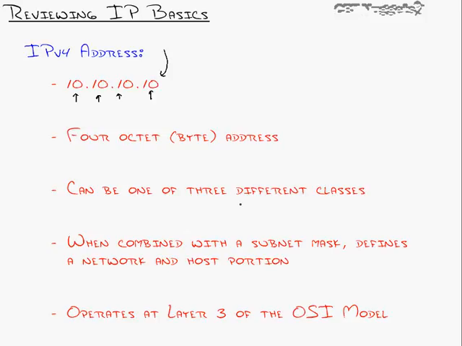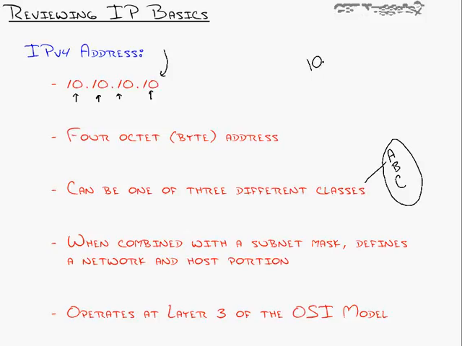Now, it can be one of 3 different classes. There are 3 classes that are usable on our networks today, A, B, and C. There is a class D and E, but we don't use those in our networks. One is considered multicast addresses, and the other one is considered experimental addresses. So based on the address class that it belongs to, by default it will define a subnet mask, which divides that IP address into a network and host portion.